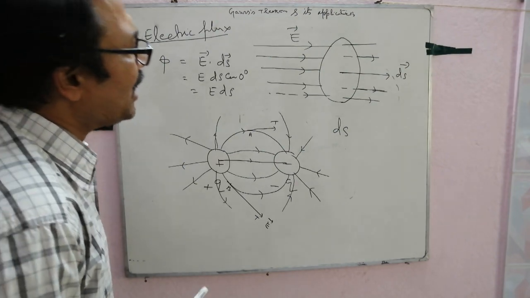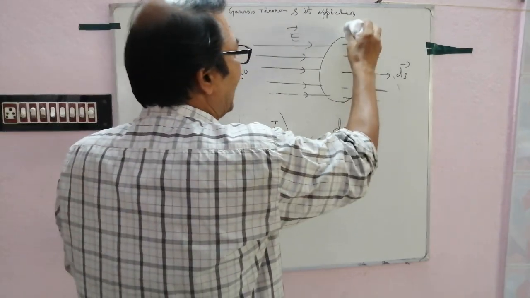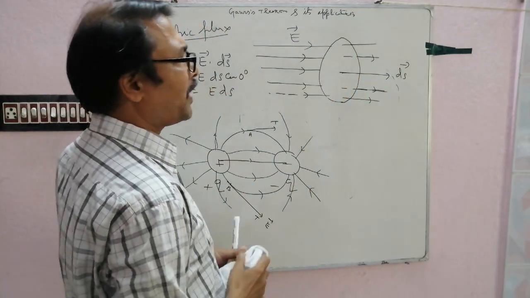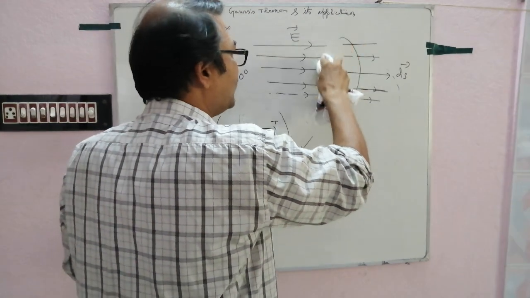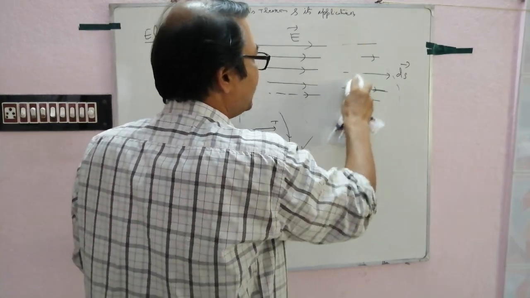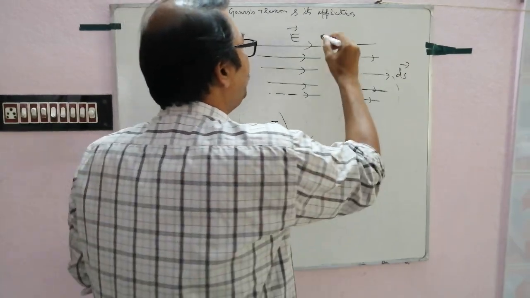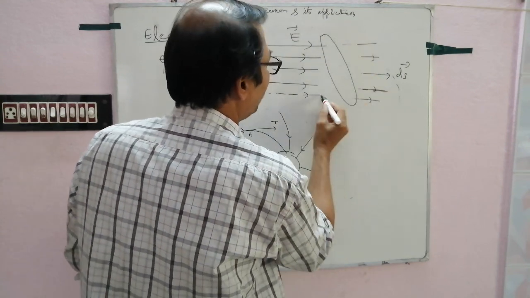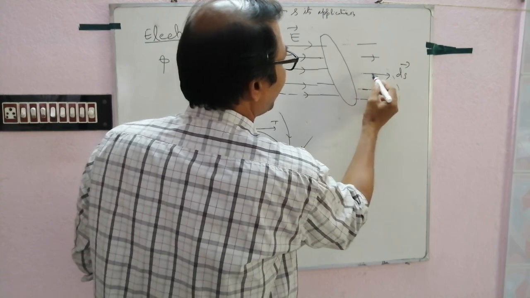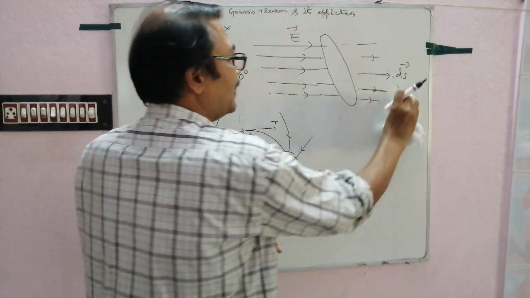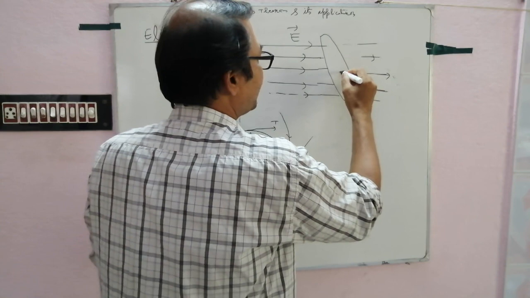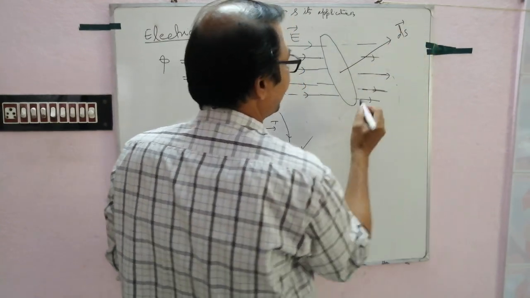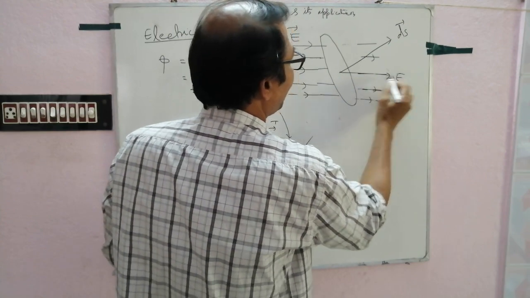Now, follow this: if this area is not perpendicular to the direction of the field, suppose the figure slightly changes, this is the area. The direction of the electric field is this, but the direction of dS changes. This is the normal, so this is the direction and this is the electric field.